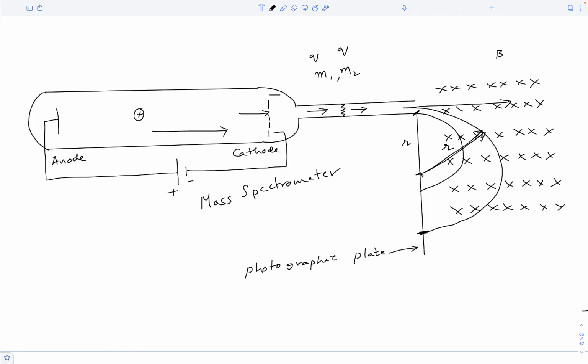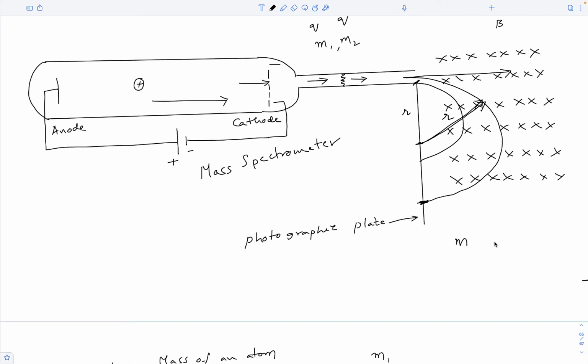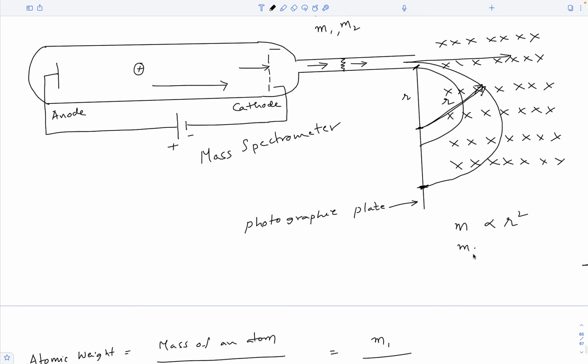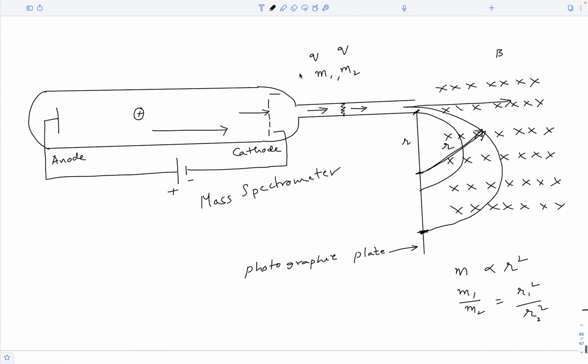But we can measure both the radii with the help of this photographic plate. By using laws of mechanics and electricity, we can derive a relationship between the mass of this particle and the radius of the semicircle it makes. M is directly proportional to R squared, or M1 over M2 is equal to R1 squared over R2 squared, if all other parameters are the same between the ions.